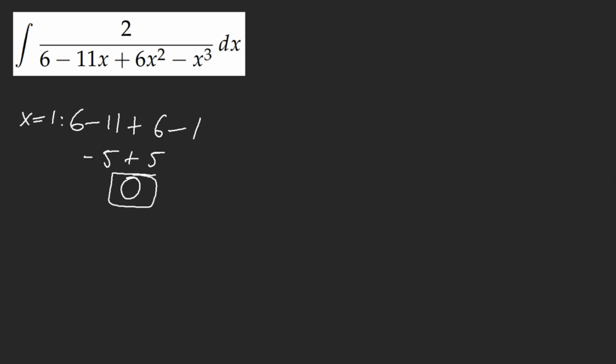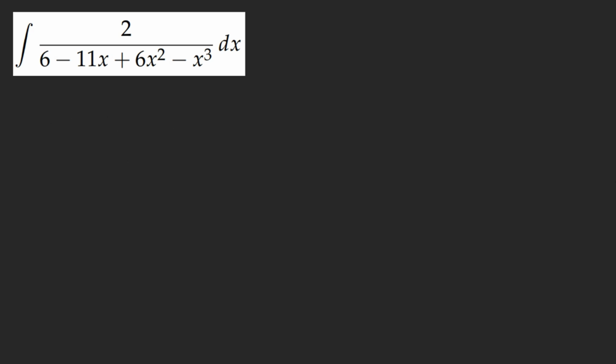What this means is that x equals 1 is a root of this polynomial, which means you can factor this by x minus 1. So we're going to do synthetic division because it's a lot faster than polynomial division. Because 1 was our root, we start factoring with synthetic division.